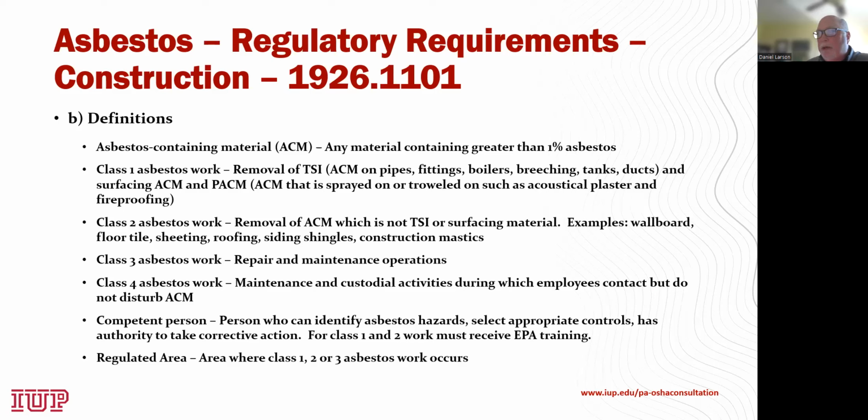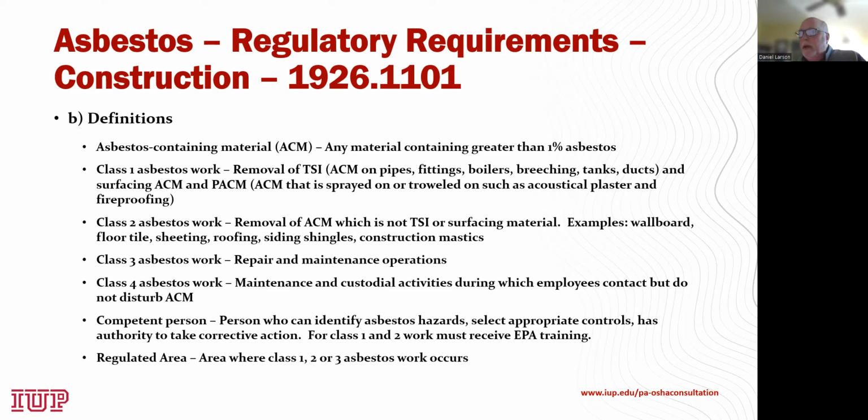Perhaps you're a facility manager and you're just doing some type of small repair or maintenance. That falls under class 3. And then class 4 asbestos work is for maintenance and custodial activities during which employees may come into contact with asbestos. Maybe they're cleaning floors or things like that, but they do not actually disturb asbestos containing material.